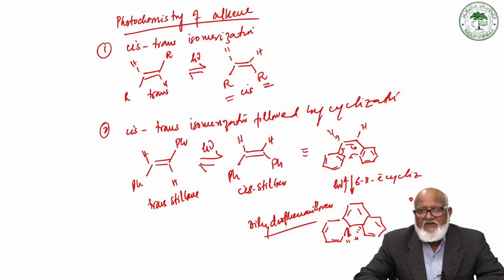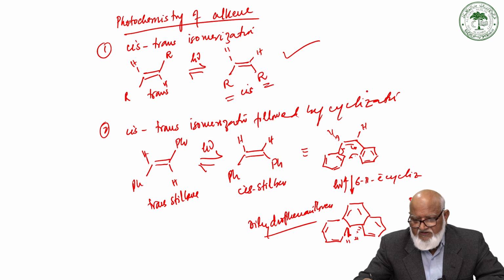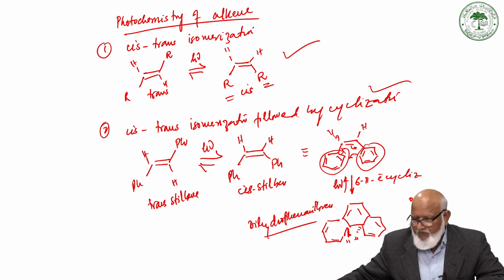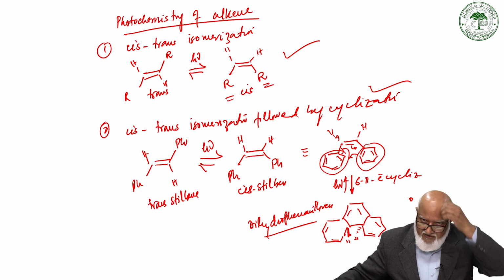So this is an example of a cis-trans isomerization followed by cyclization, if the substituents are properly set under cis orientation, which may undergo further reaction.